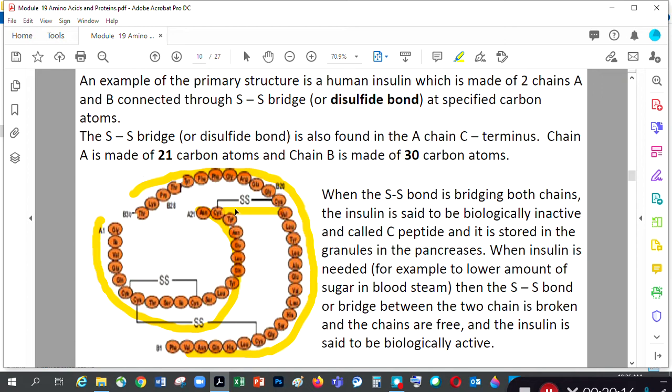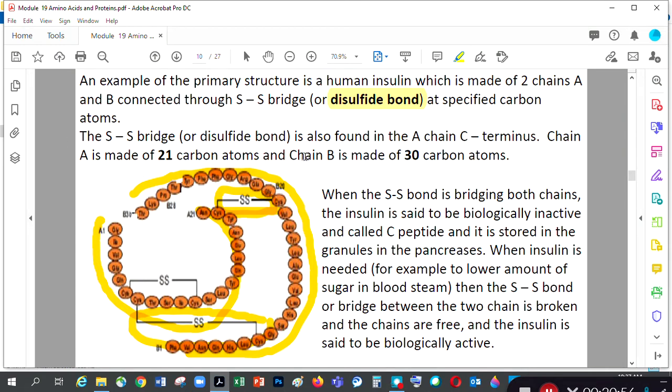they are connected through disulfide bond or bridge. So a disulfide bond or bridge is connecting those chains. So we have it here, for example, and we have it here. So they are connecting the chains, and the insulin cannot go anywhere, and therefore insulin in this type of setup, because of the disulfide bond, is said to be inactive, and is stored in the pancreas.